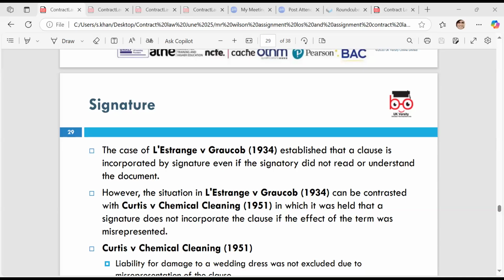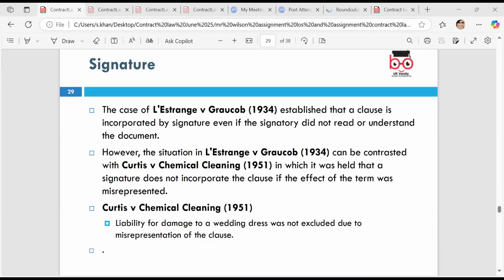And like we said, it could be done in three ways. So the incorporation of a signature, this is when a contract is signed by all parties. Any exclusion clauses included within the contract are typically incorporated into that contract, and that's literally signing it. And that's the case of L'Estrange v Graucob, which looked at the clause of signature in regards to that.